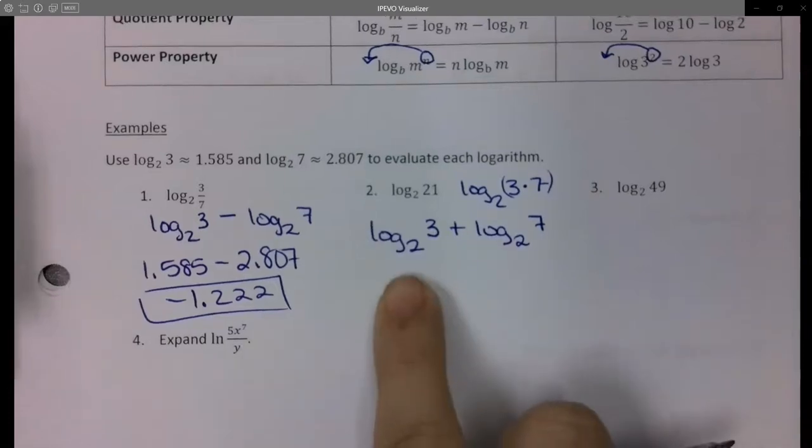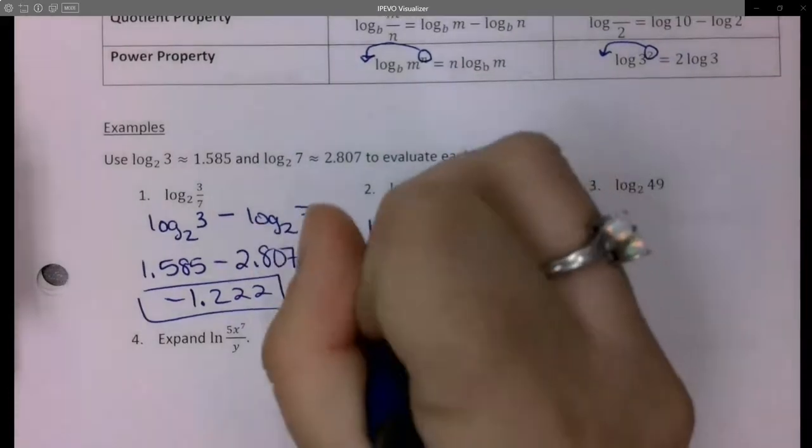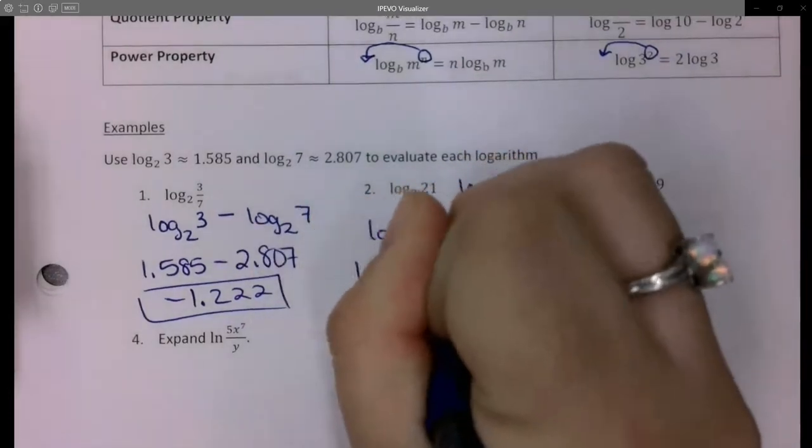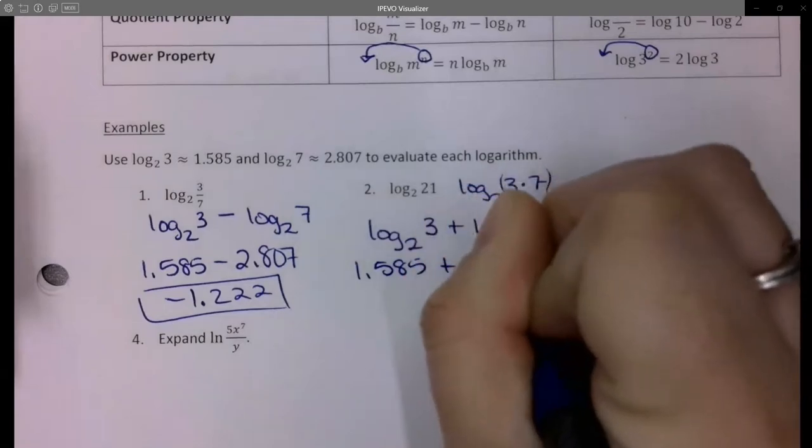Then I want to replace these with the 2. So I have 1.585 plus 2.807.